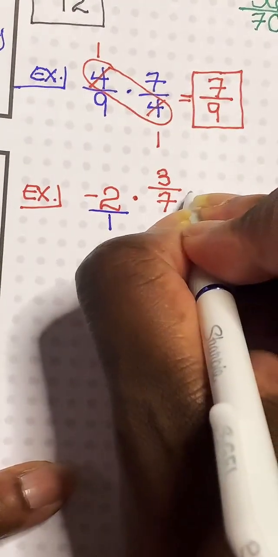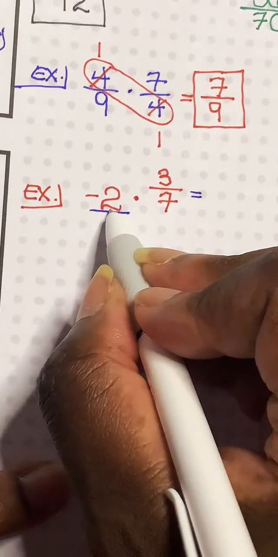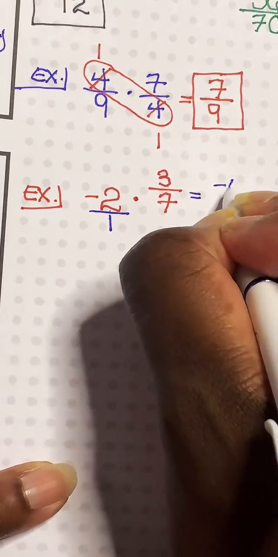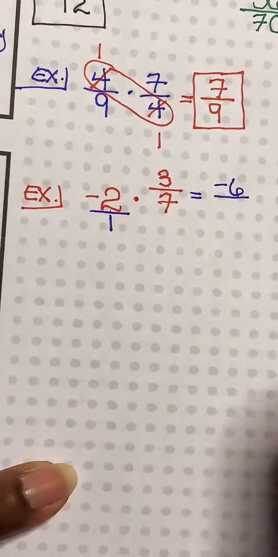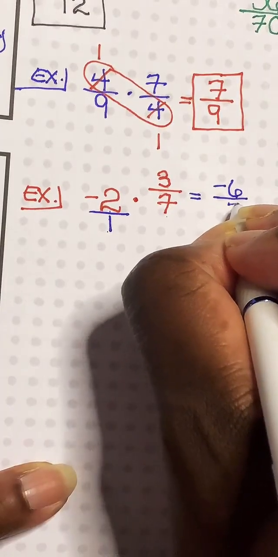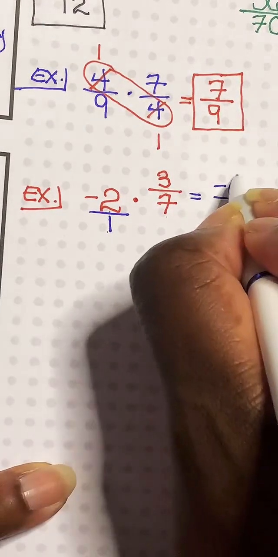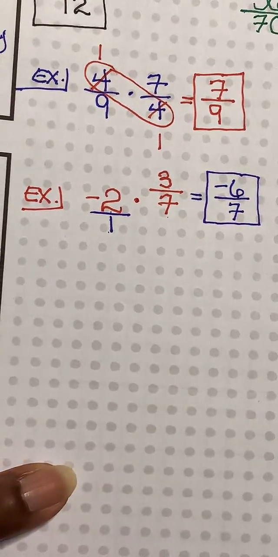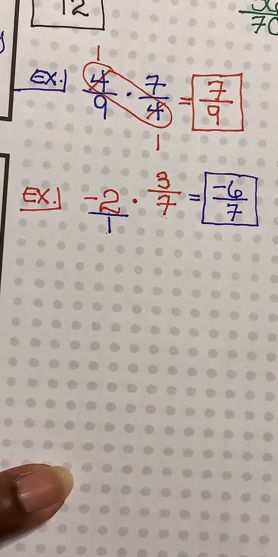So I got a -2 times 3, which gives me a -6, and then 1 times 7, which gives me 7. Okay, so our answer is going to be -6/7. Common denominator is only used for adding and subtracting, not for multiplying.